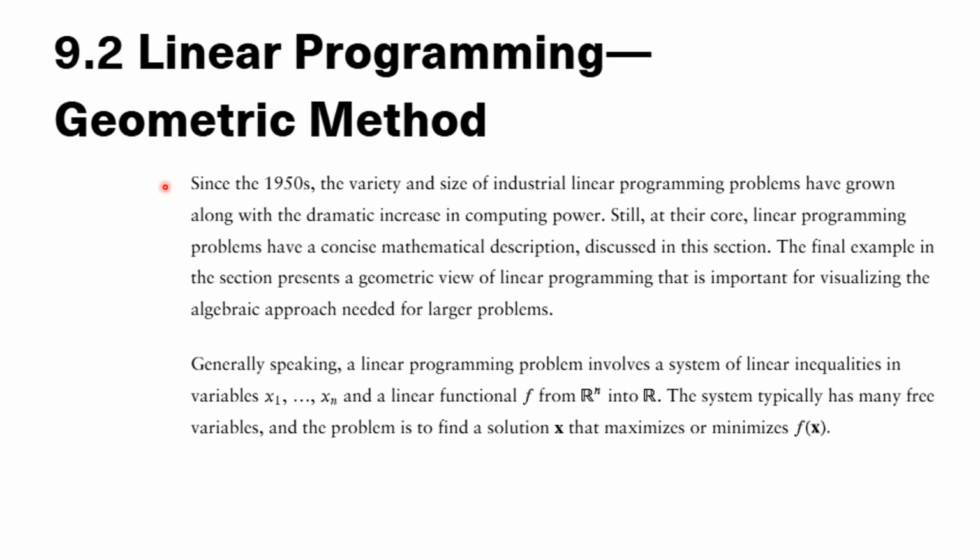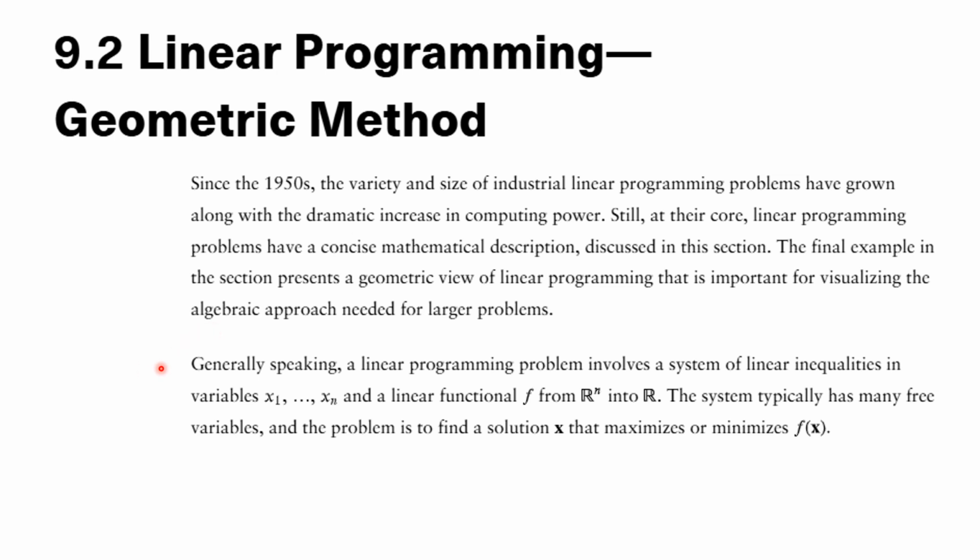Now, since the 1950s, the variety and size of industrial linear programming problems have grown along with a dramatic increase in computing power. Still, at their core, linear programming problems have a concise mathematical description, and we'll discuss that here. And so we'll discuss the geometric view, which provides insight for visualizing the algebraic approach that you need for larger problems.